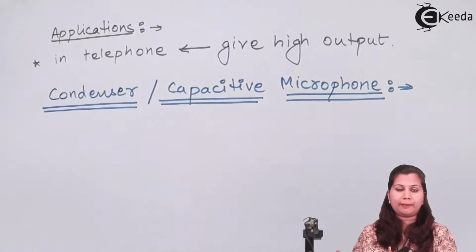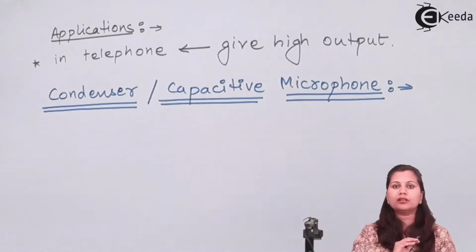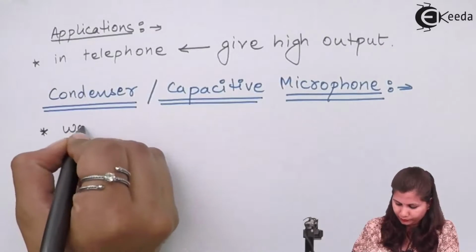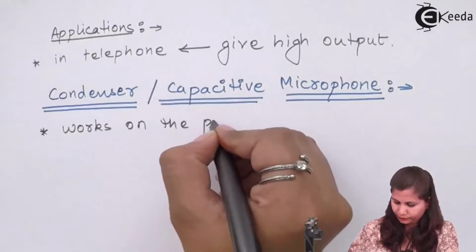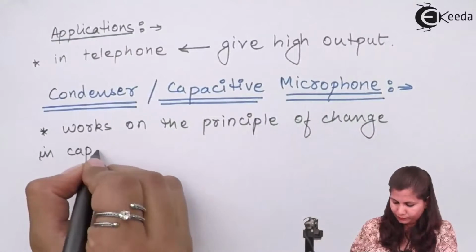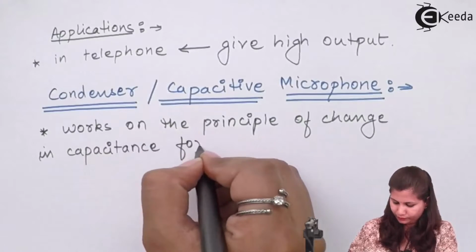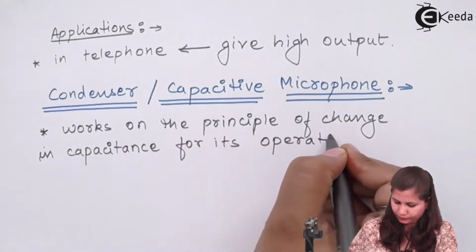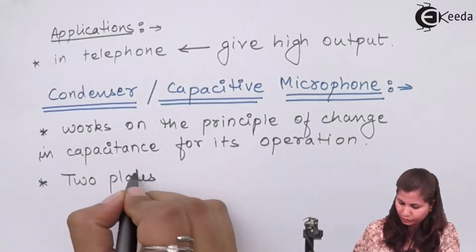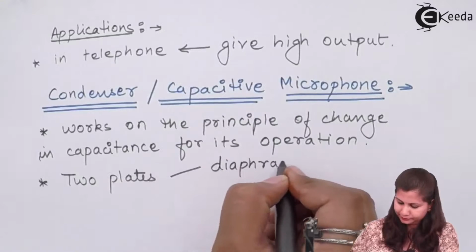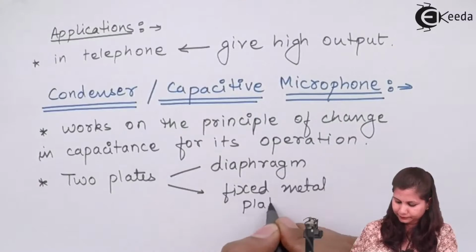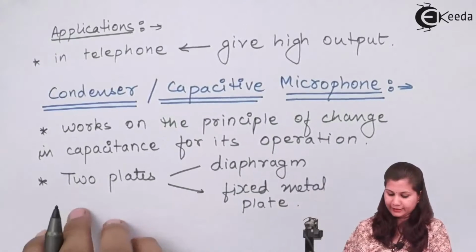So that change in capacitance is a measure of the sound waves. Okay, let's see its diagram.